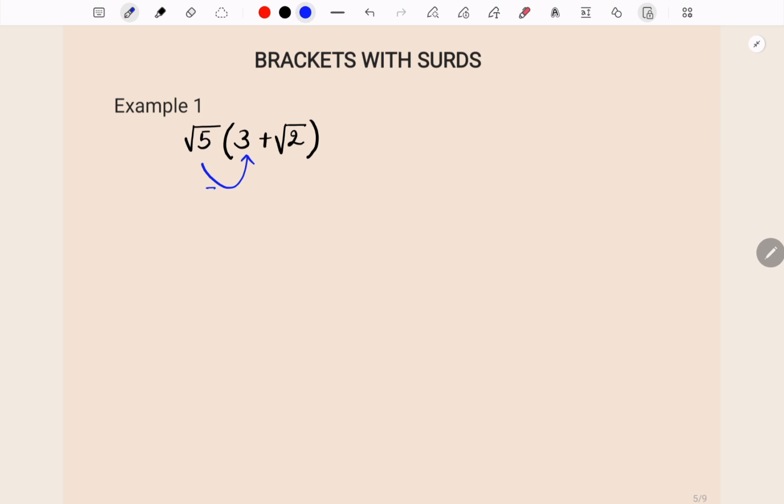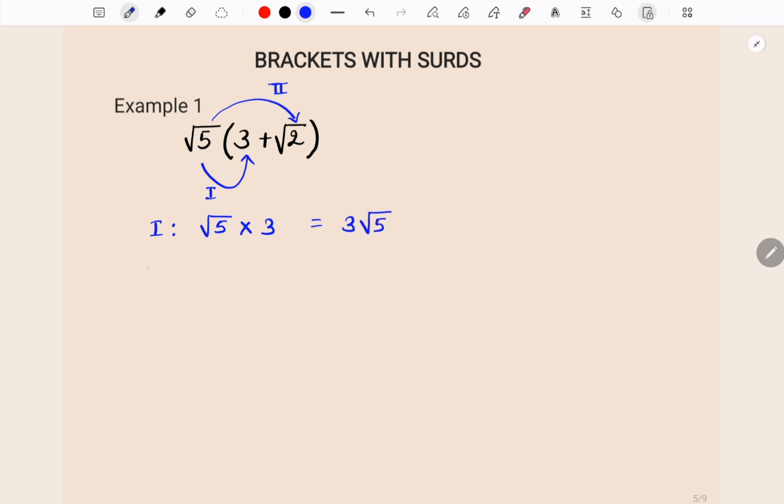That is our first multiplication. And then we need to multiply root 5 with root 2. That is the second multiplication, right? Let's do the first multiplication. So we have root 5 times 3. That is 3 root 5.